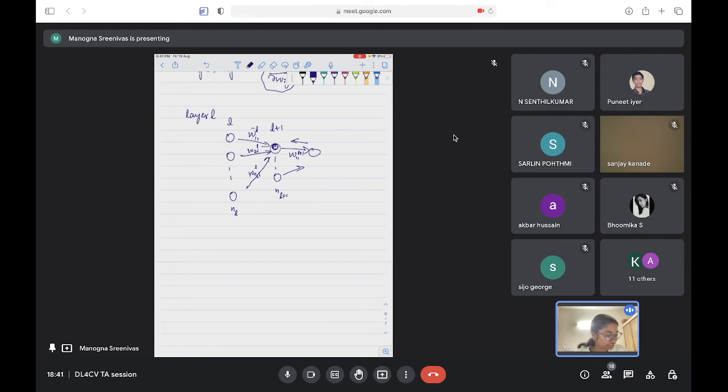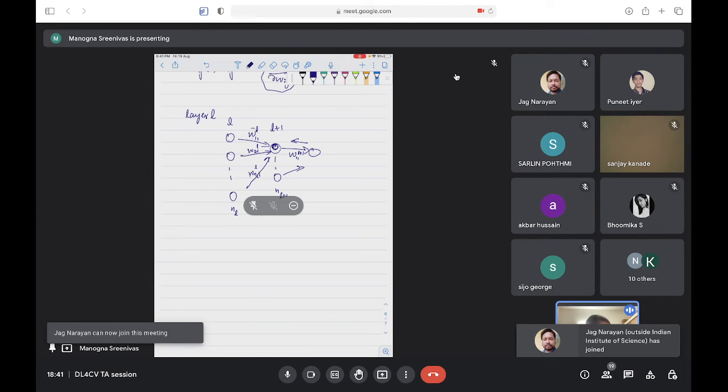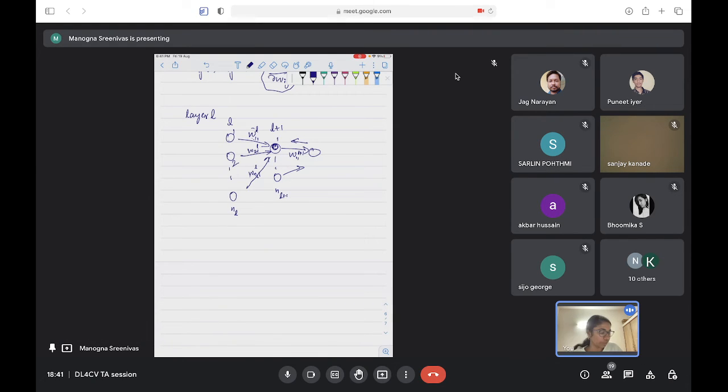I'm indexing it so that the superscript indicates the layer index, and the subscripts indicate which connection goes to which node. This is the first node, second node to first node. So that is W21, WNL to 1. Suppose my gradient, dou J, this is my cost function, right, with respect to W11 of L plus 1. This is the gradient which I'm getting to update this weight, okay?